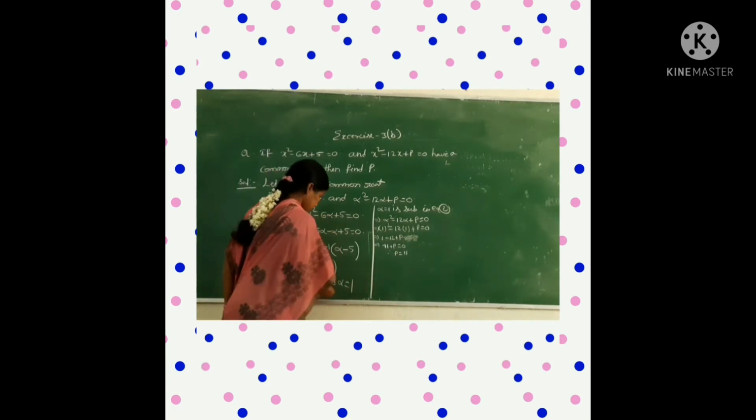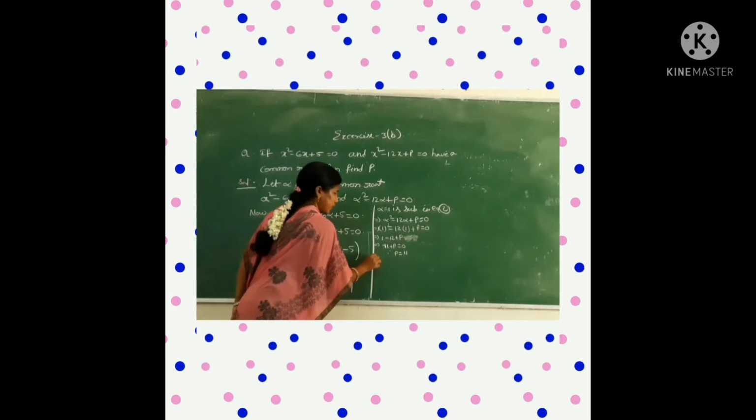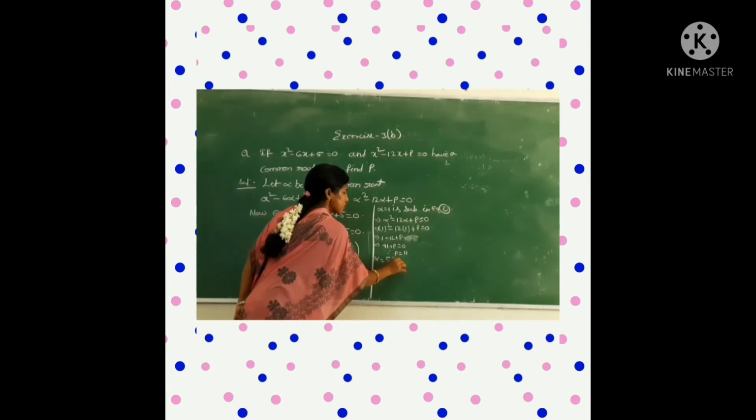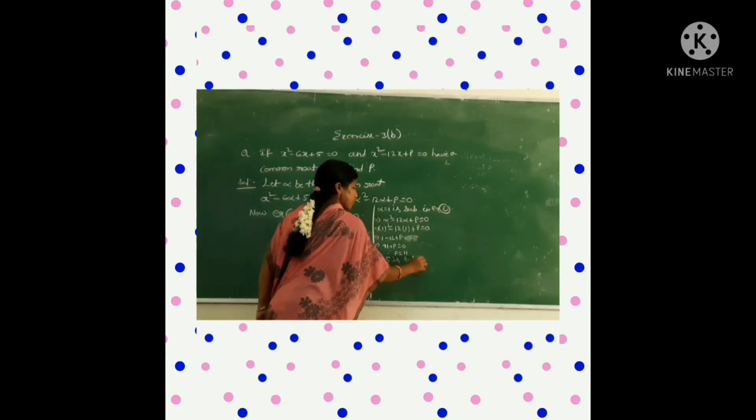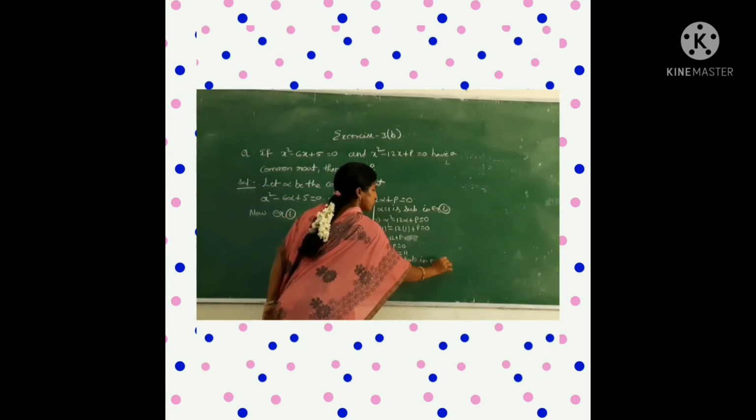Okay, next condition alpha is equal to 5. Again substitute alpha equal to 5 in equation 2.